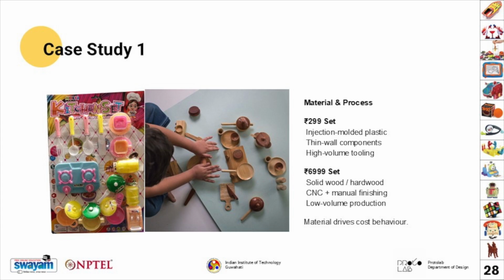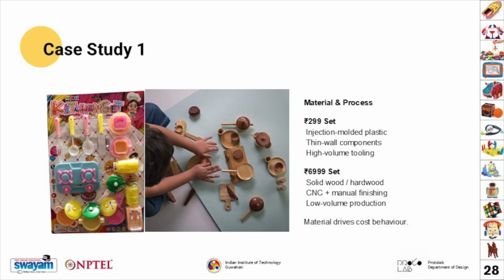In contrast, the rupees 6,999 wooden set likely uses solid wood, possibly beech or rubber wood. Wood is more expensive per unit volume than plastic. It also requires cutting, sanding, shaping, and finishing. CNC machining is slower than injection molding cycles.